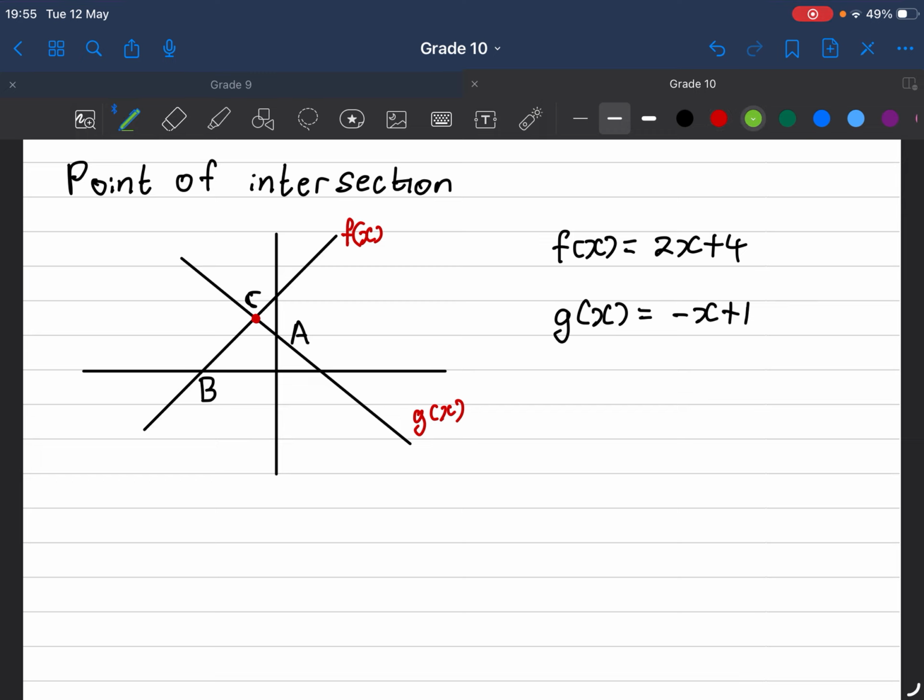Now, let's see. What do you think point A and point B are going to be? Alright, so let's find point A first. We need a coordinate. Point A happens to be the y-intercept of the graph g of x.